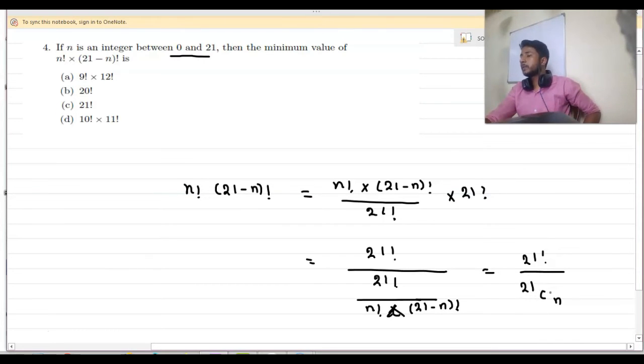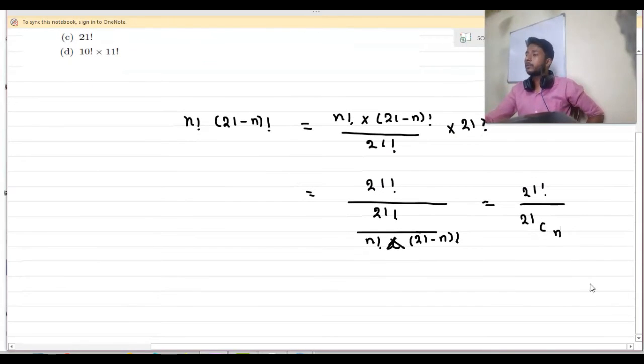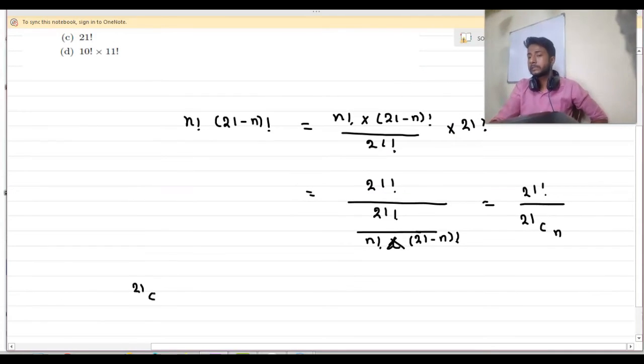So the value of this will be minimum if 21Cn is maximum. So we have to find the value of n for which 21Cn is maximum.